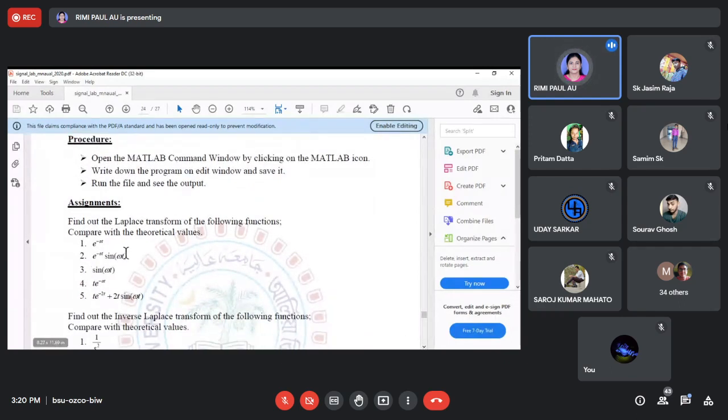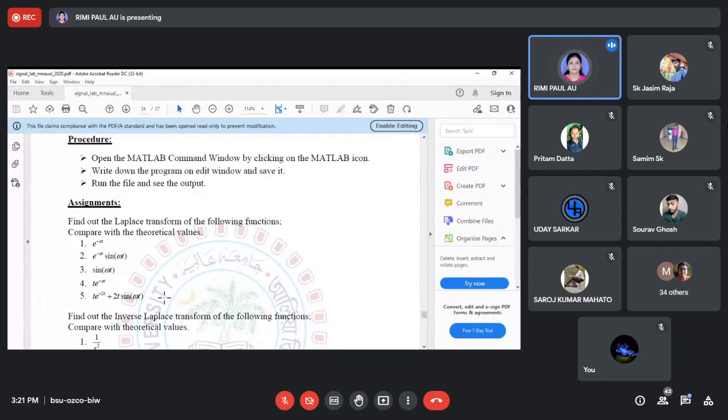I will show you this next week, one or two programs I will show you, and then the rest of the program you have to write, and whatever the program you will write in the MATLAB, the same way you will write. And here the question is that you will get practical as well as theoretical value. So when you will write the program, below this you will write the practical answer.